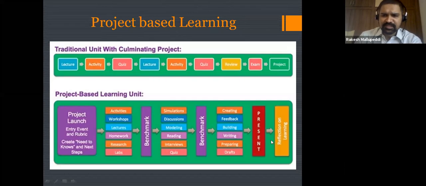Yeah. So reflection on the learning, what you've done. Like I said, some of these have been in progress, but you can improve on them. You can bring in new activities for the students. If you see there is feedback there, you're doing modeling, you're doing simulations, there is reading, research, interviews, quiz, labs.